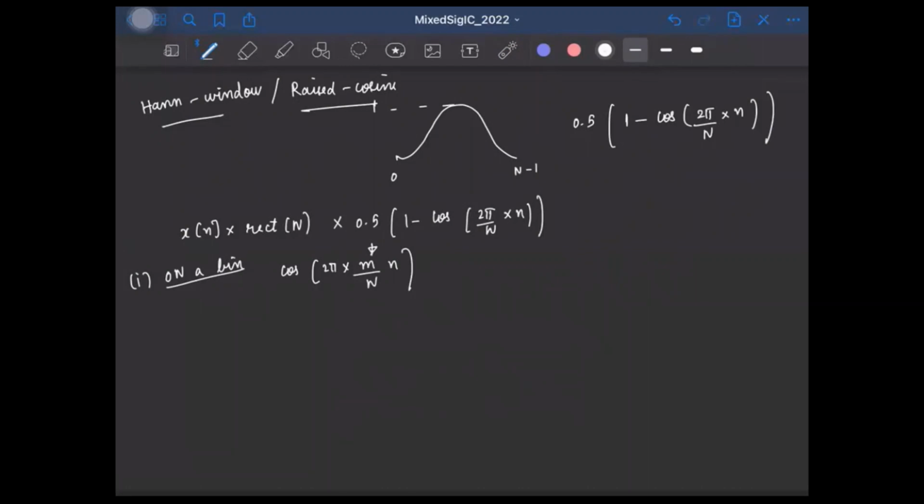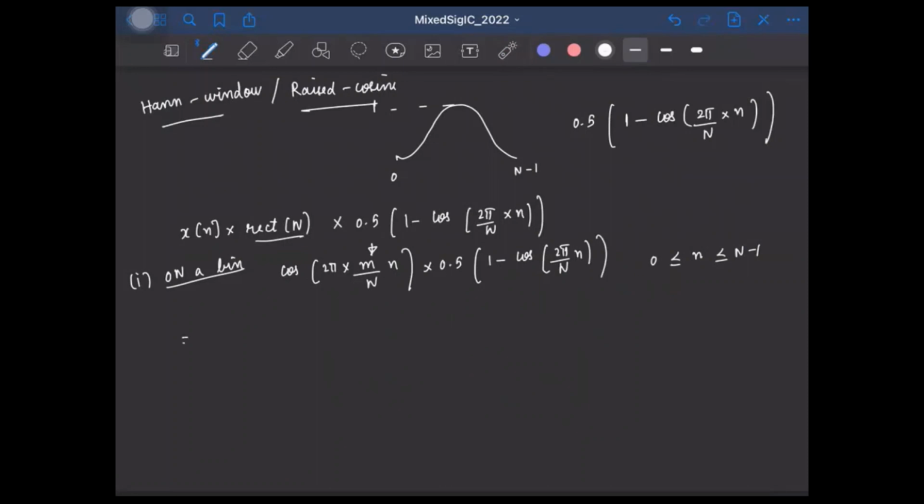So what we are doing here, we are multiplying this with a rectangular window, right? And this act of multiplying with a rectangular window can be simply modeled as taking the samples from 0 to N minus 1, right? The next thing is we are multiplying with this Hann window, that is 0.5 times 1 minus cos 2 pi by N times n.